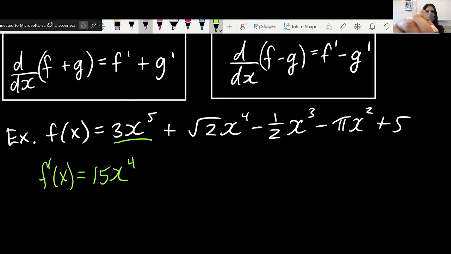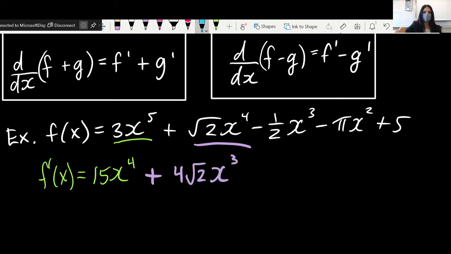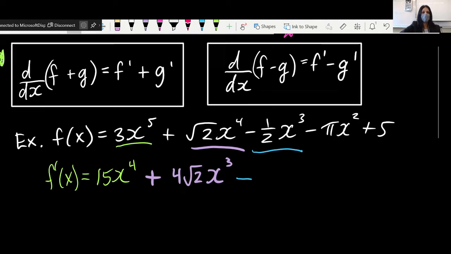Good? Then we move on to this next one, and it would be plus, and we're going to do the same thing here. What do I get when I take the derivative of this thing? 4 root 2 x cubed. Good? Then we move on to this term. So you see what I mean, that we're not actually really doing anything new. It's like yesterday, but yesterday we just focused on one term.